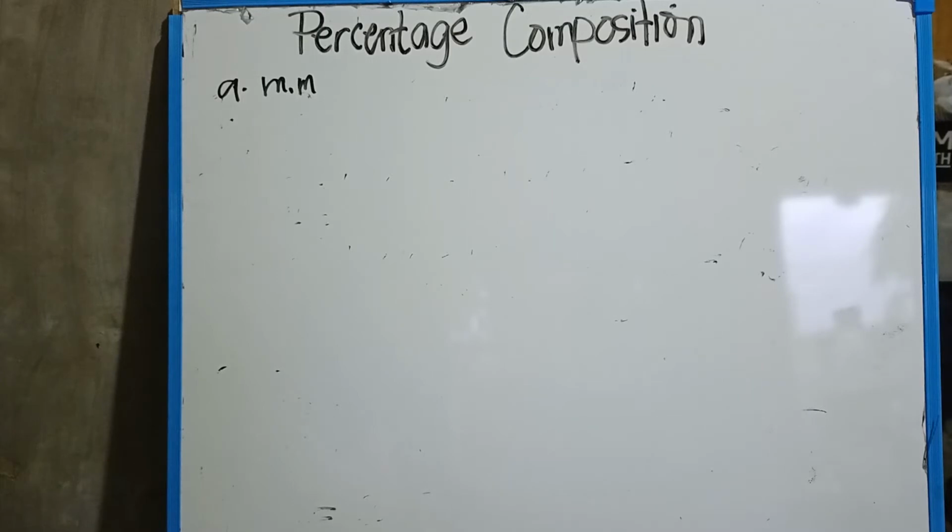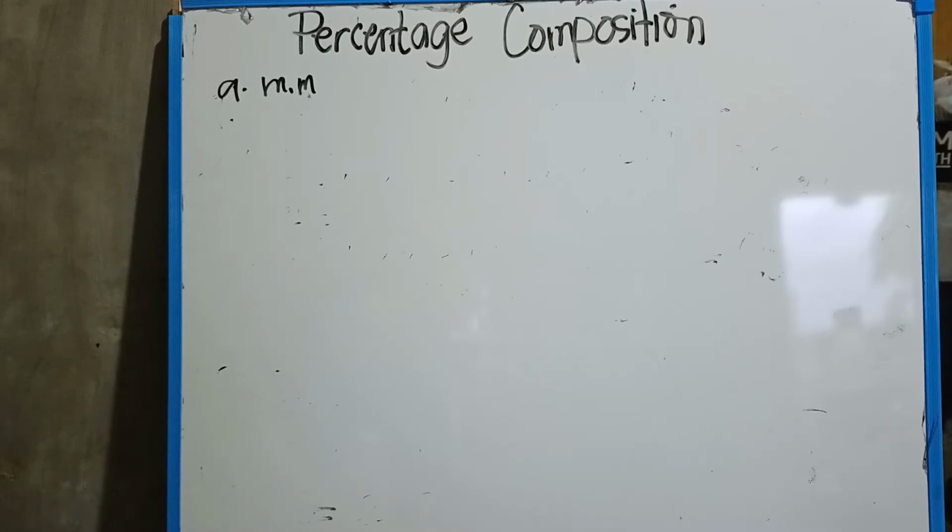As we all know, the atomic mass of each element is what we will use to determine if the percentage composition of a compound is correct. How do we know that the percentage composition of a substance is correct? It must be equivalent to 100%.